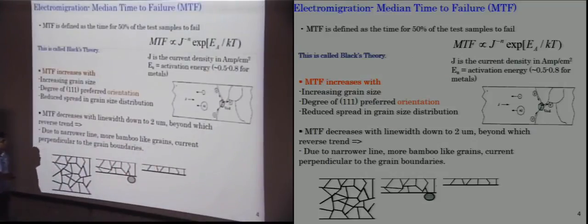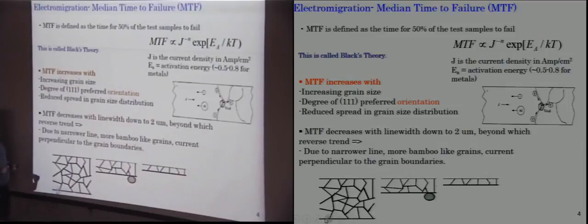Okay, so if you increase your grain size, of course the number of grain boundaries is less, and therefore you have less of a problem. And in case of some 1-1-1 preferred orientations, it has been experimentally shown that they have less electromigration effects. Okay, so again you need to understand that MTF is the median time to failure.